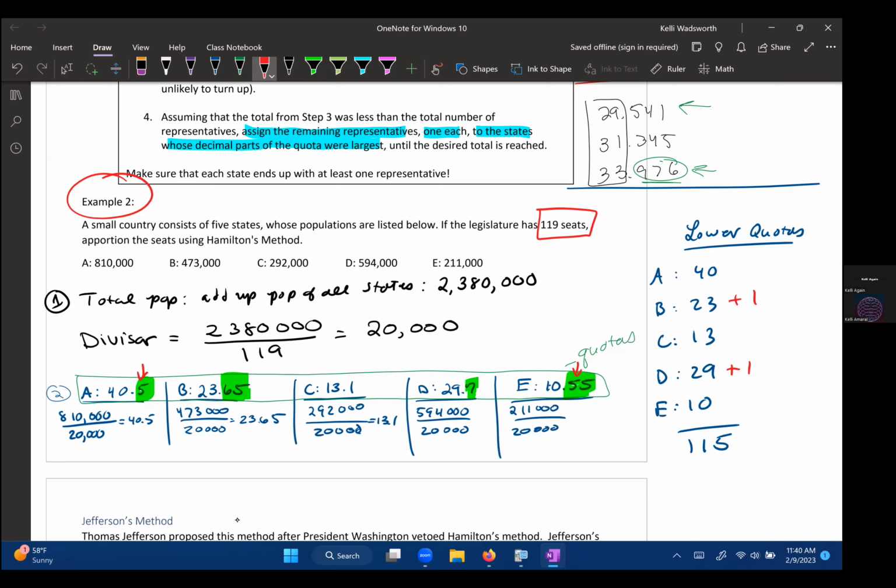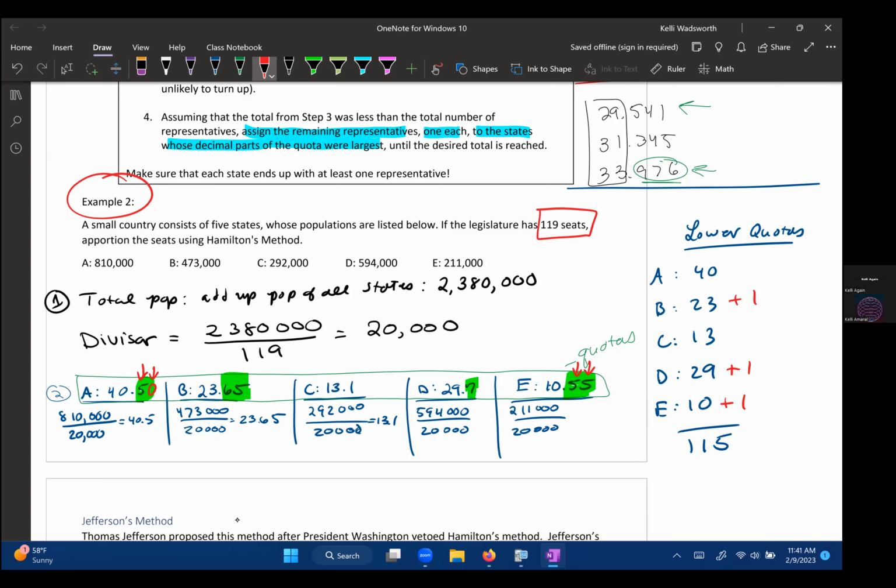Well, A has 0 hundredths, because the next place is the hundredths place and there was not a digit there, but E has 5 hundredths. So 0.55 is a larger number than 0.5, because 0.5 is 5 tenths plus nothing, and 0.55 is 5 tenths plus 5 hundredths, so it's more. So then E gets that extra seat.